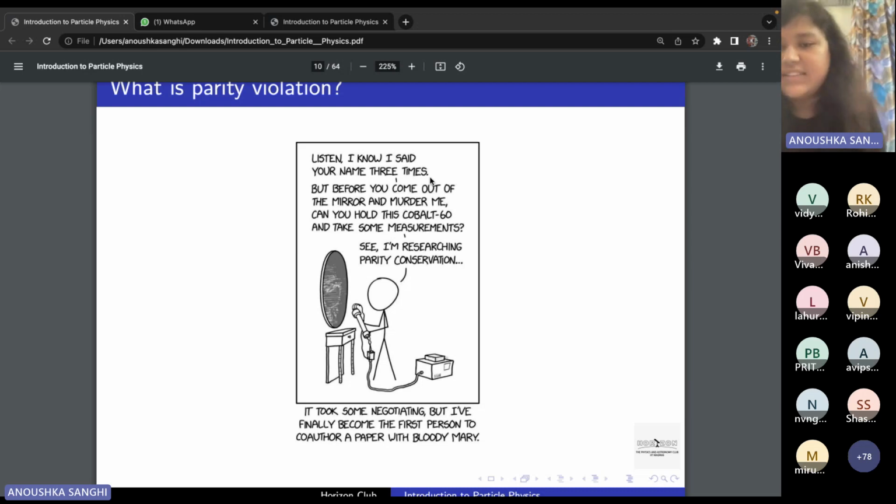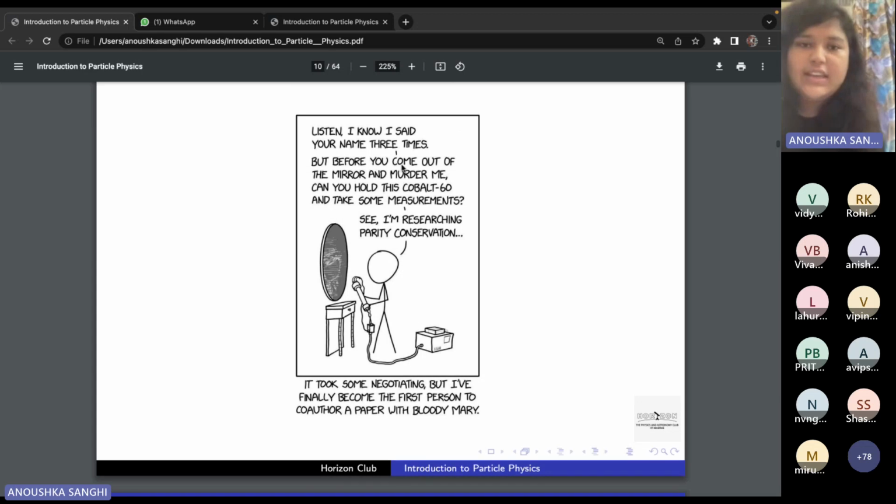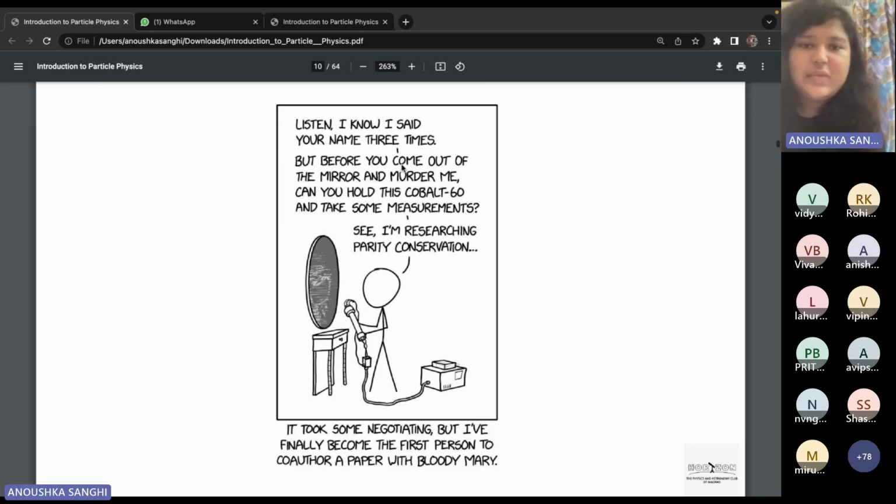But we are not getting that. If in one coordinate system we get some products, in the other coordinate system we should get similar products, but it is violating that. So this is what parity violation is. I think you can understand this now a bit.